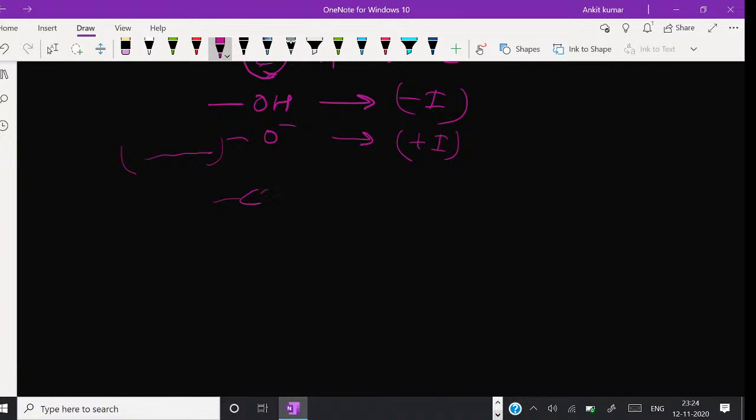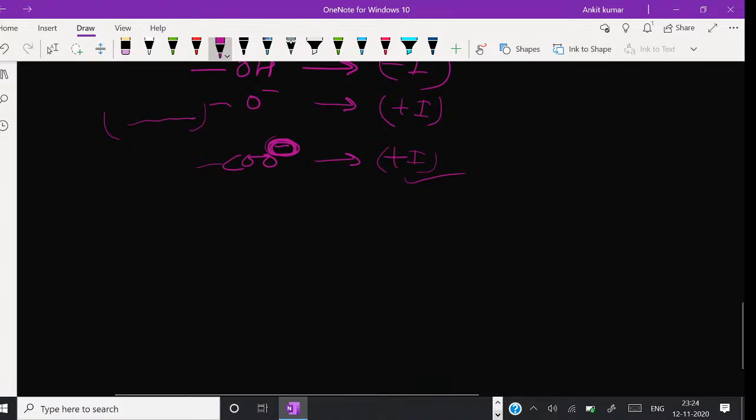COO minus, again this will be a plus I. If you see any negative sign, just put it as plus I. CH2CH3, this is a saturated hydrocarbon, again it will be a plus I.